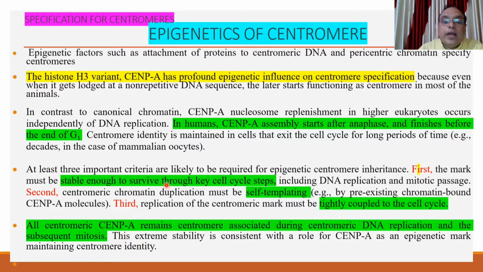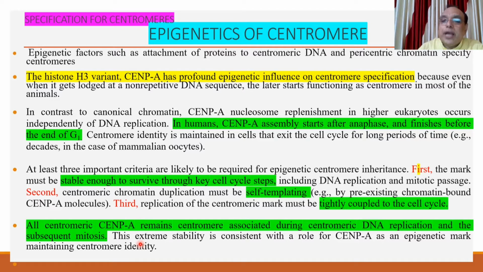So this criterion, that they remain attached to the stretch of DNA throughout the cell cycle, is fulfilled by CENPA. This extreme stability is consistent with the role of CENPA as an epigenetic marker maintaining centromere identity. So it remains tightly attached throughout the cell cycle, imparting the centromeric property to the stretch of centromeric DNA.